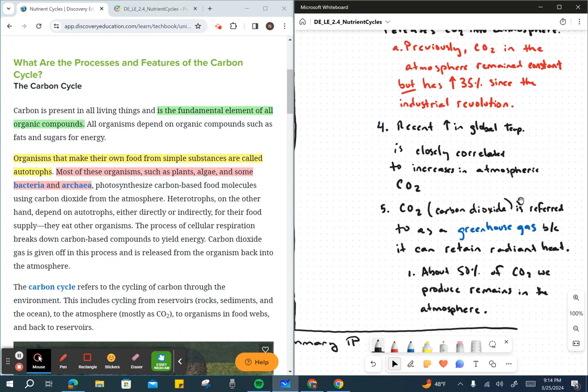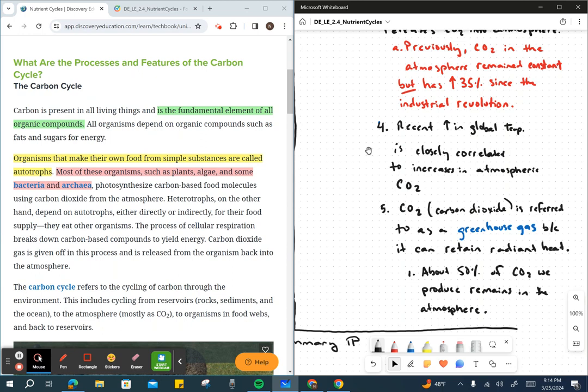CO2 is referred to as a greenhouse gas because it can retain radiant heat. And so there's part of that connection to number 4. Why do we see an increase in global temperature? Why does it correlate with an increase in CO2?